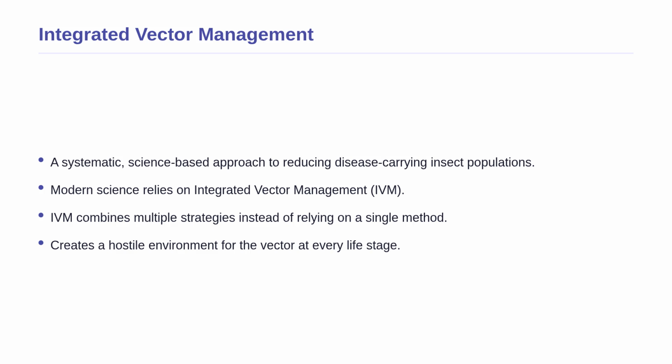This is a rational decision-making process designed to optimize our resources. Instead of relying on just a single method, like spraying chemicals everywhere, IVM combines multiple strategies to attack the vector from different angles. By layering these methods, we create a completely hostile environment for the vector at every single stage of its life cycle.